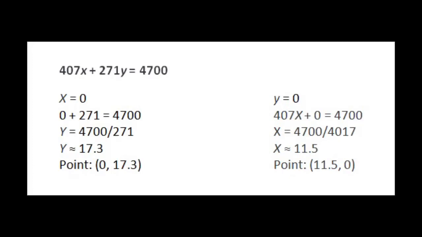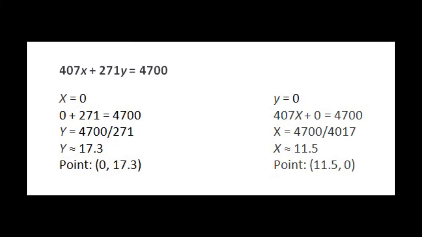So 407x plus 271y equals 4,700, so we have 0 plus 271y equals 4,700. Divide both sides by 271. So we have y equals 17.3. So the point lies on (0, 17.3).